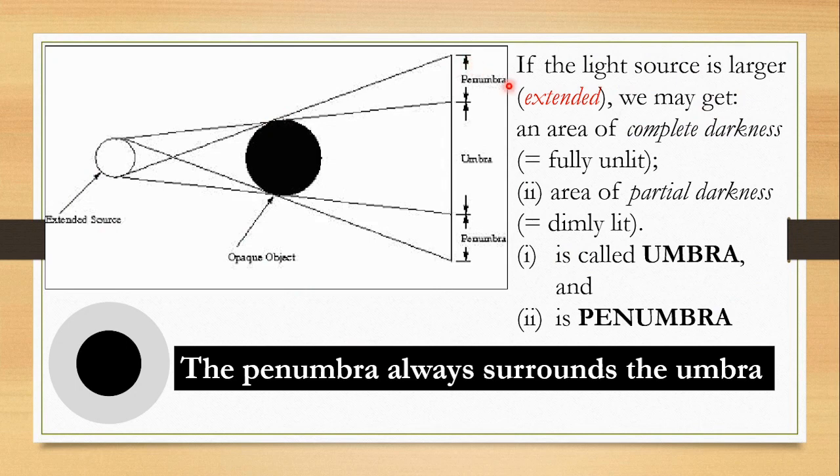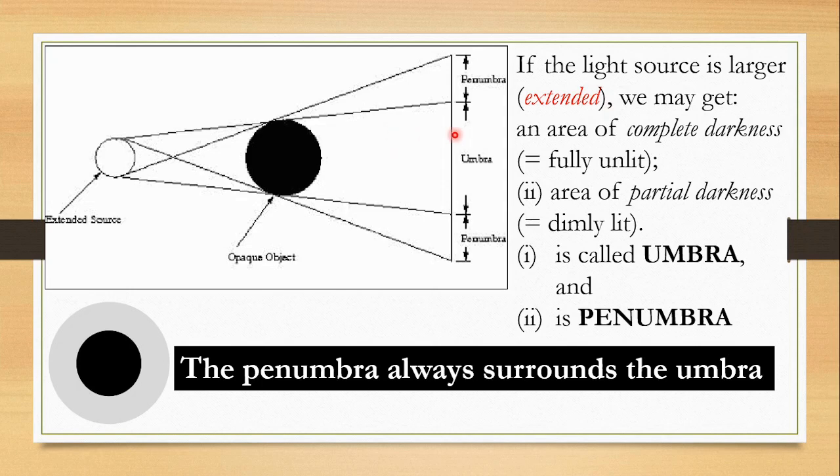Now if the source of light is bigger, here we have a bigger source of light, not a point. You will find two kinds of shadows.